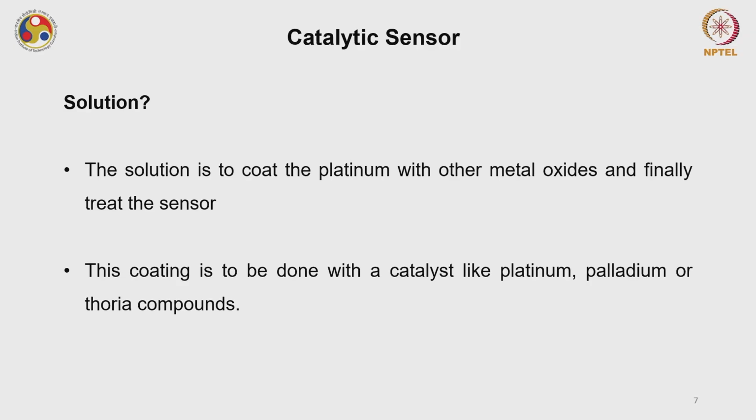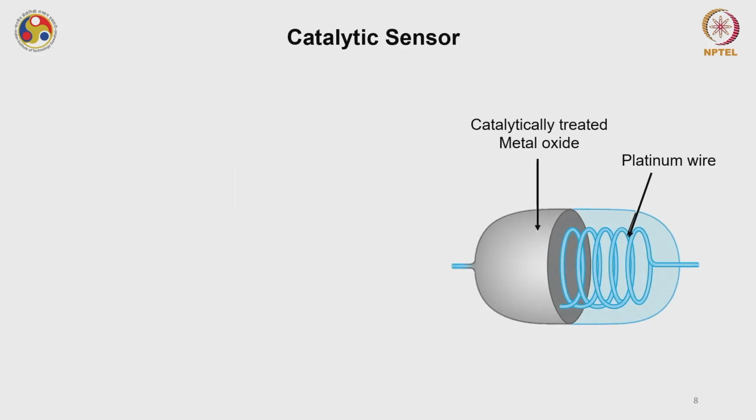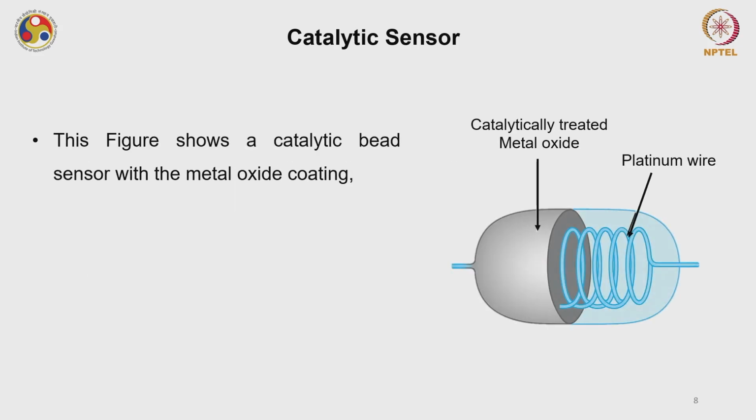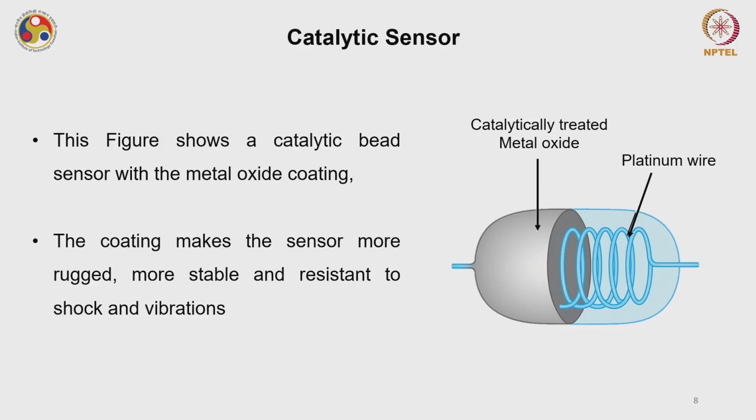This coating is to be done with a catalyst like platinum, palladium, or thorium compounds. Very similar to this, you can see metal oxides coated on the platinum wire, a catalytic bead kind of sensor where the metal oxide coating is there.